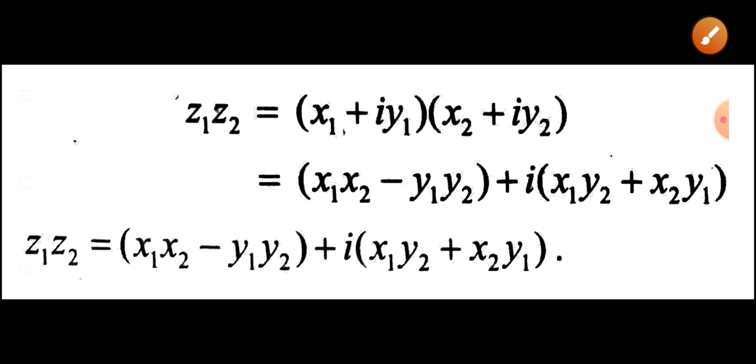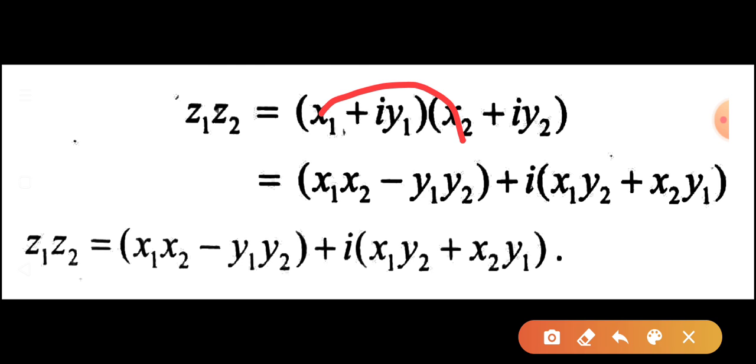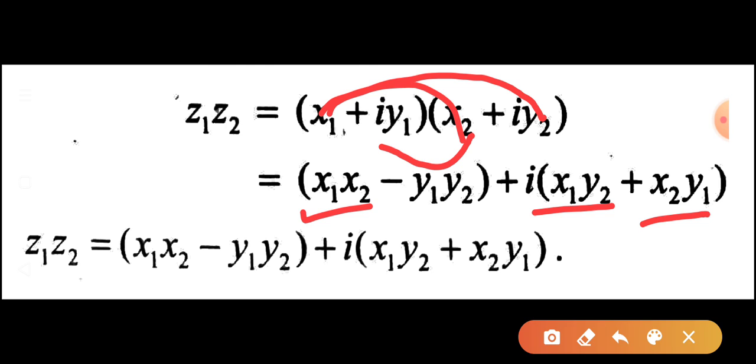Once again I repeat it. First we multiply x1 into x2 and next we multiply i into x1 y2 here. Next i y1 into x2, here we write x2 y1. First write x term and next write y terms. Next the last one, i into i square, that is minus 1.